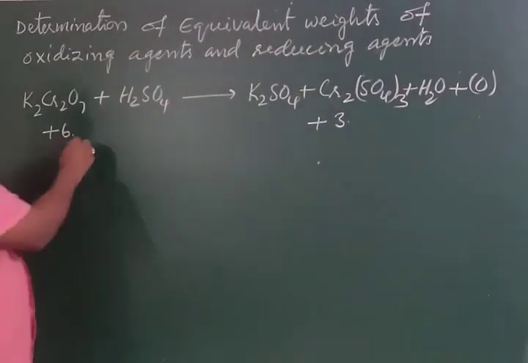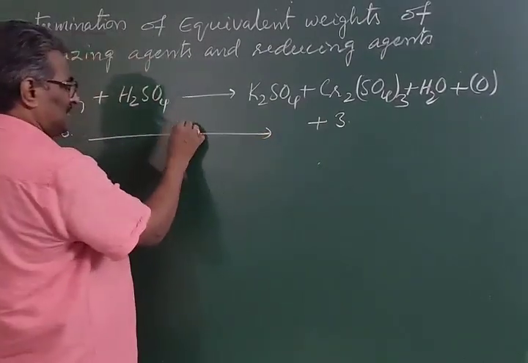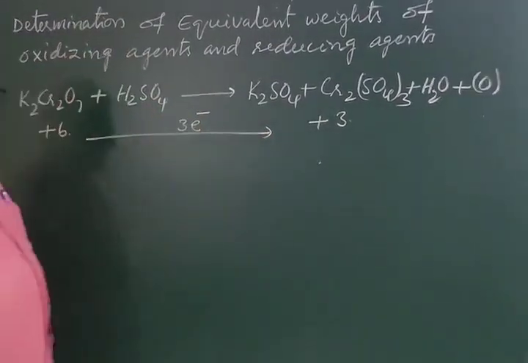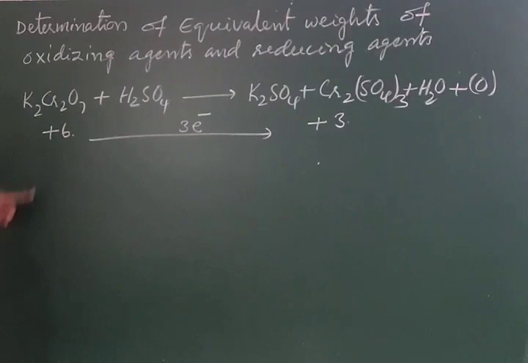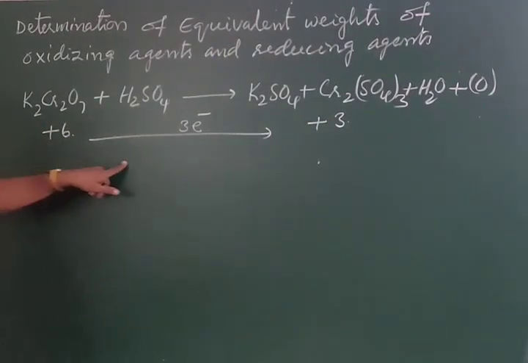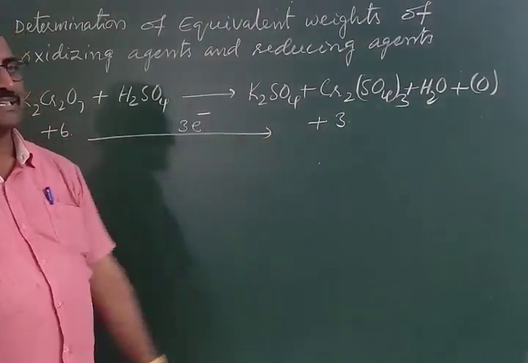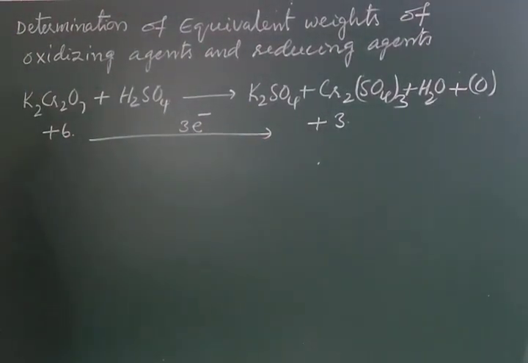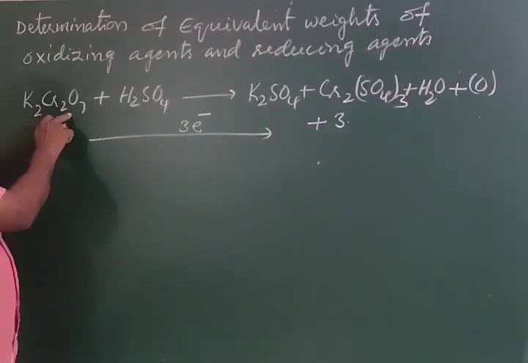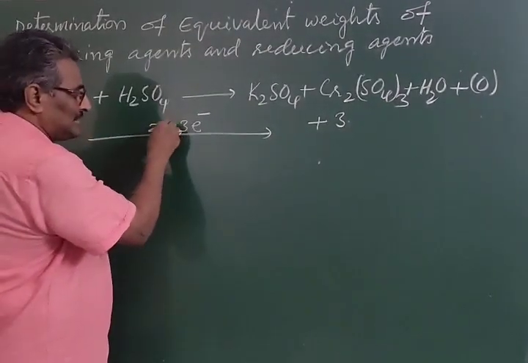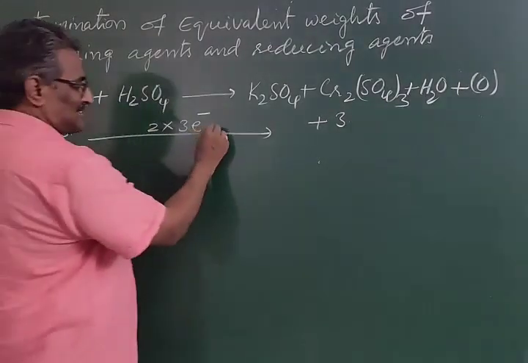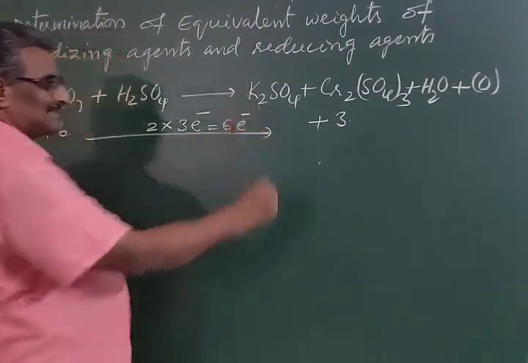This is possible by the gain of 3 electrons. But there are 2 chromiums in the molecule. So what is the total number of electrons gained by one molecule of potassium dichromate? 2 into 3 electrons, that is 6 electrons.